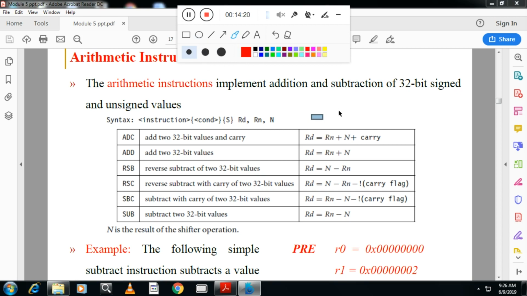Suppose if I write ADD R3, R1, R2, R3 is a destination here, and R1 and R2 are Rn and N. So it adds two 32-bit values. Then reverse subtract means N minus Rn.